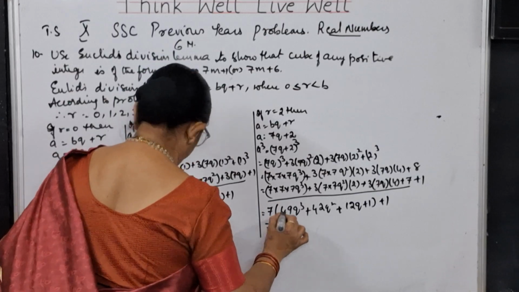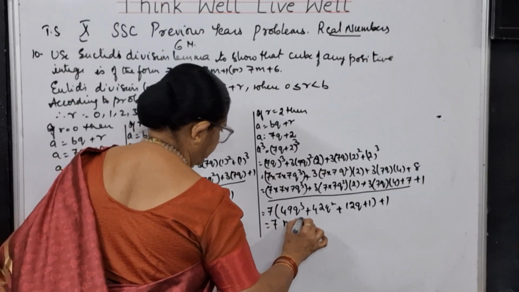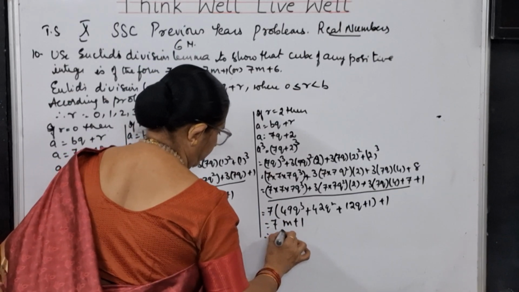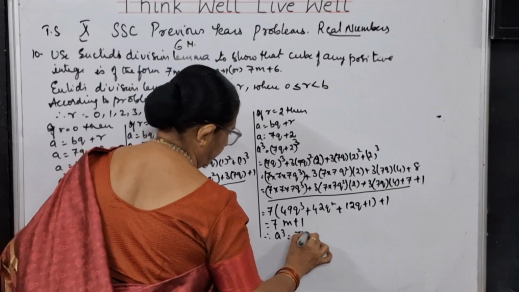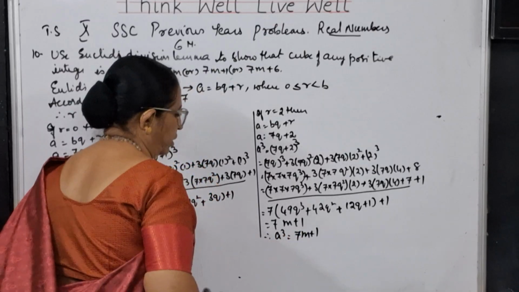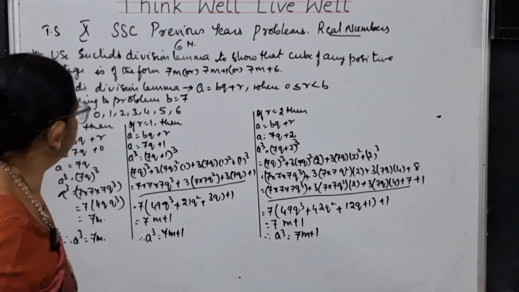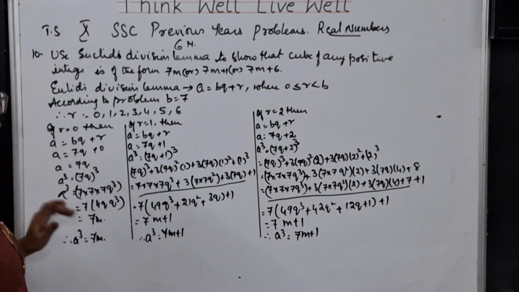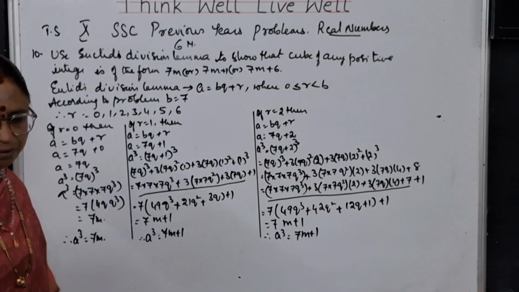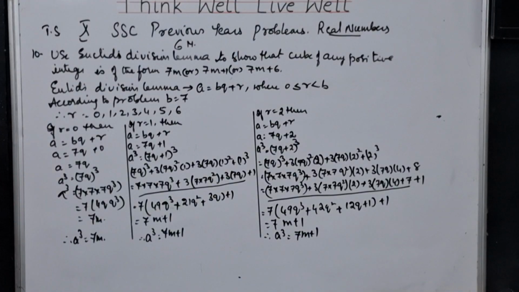This is nothing but 7m plus 1. Therefore, a cube is equal to 7m plus 1. So, this is up to 2, children. I need space for the other part 3, 4, 5, 6. So, write down this. I'll do the next part of this sum.